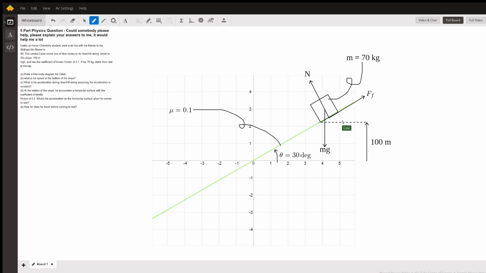So that would be your part A. It would be just drawing the block, showing the normal force there, and showing that it is perpendicular to the surface, as all normal forces should be. Perpendicular. The gravity acting straight down, and friction force being parallel along the surface.